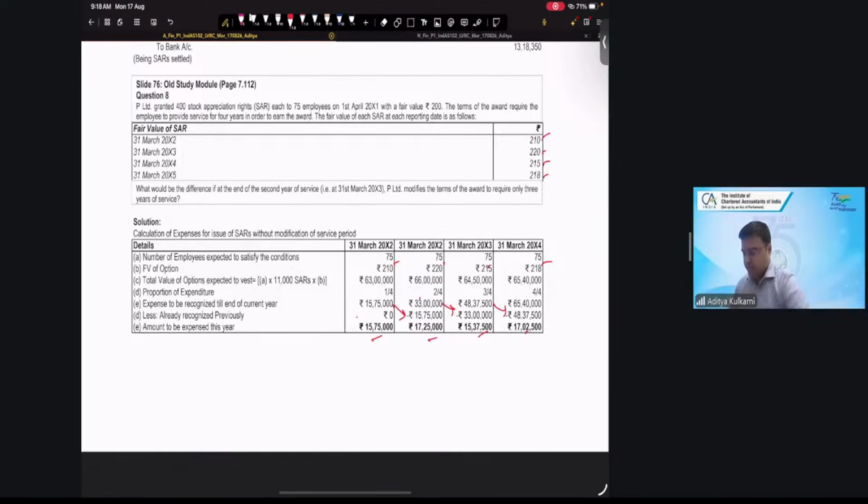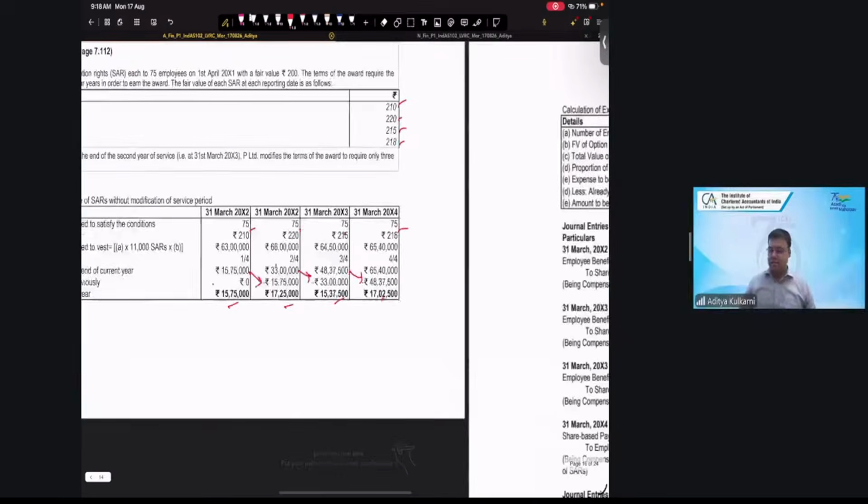So total net expenses are 1575, 1725, 1537, and 17 lakh.